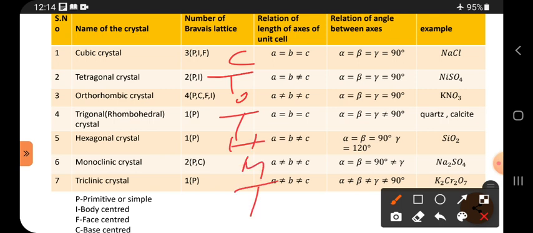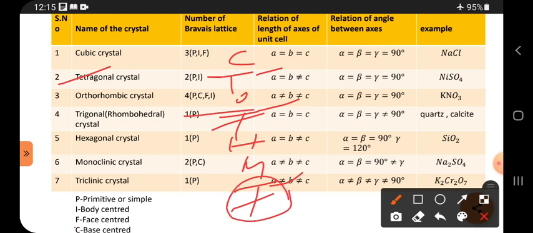CTOTHMT. And how can we remember this T? Three T's are there. The first T is tetra, the second T is tri, the third T is also tri. So tri started from this one, and tri ends with this, and keep it in mind as triclinic. Clinic means hospital.